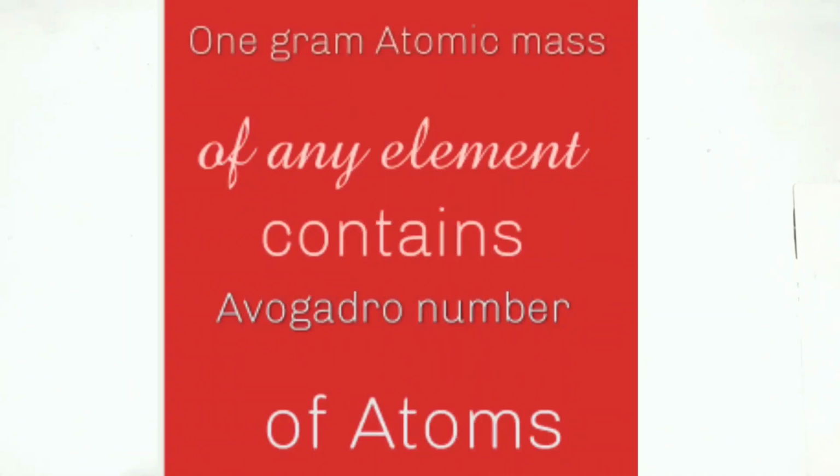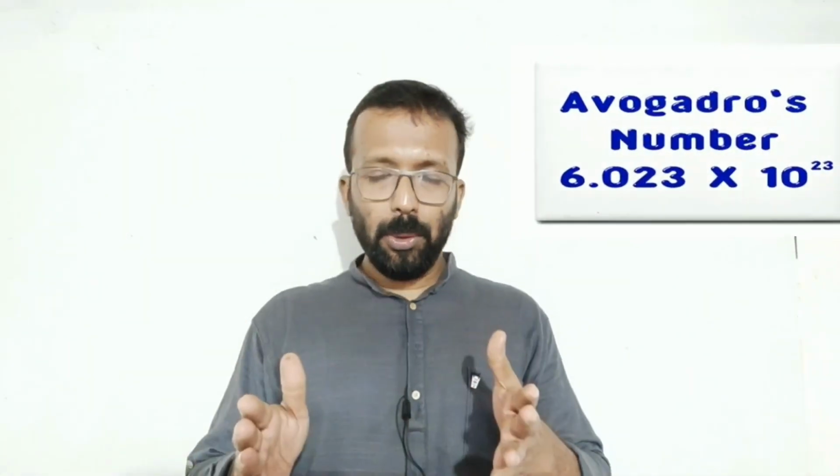1 GAM of any element contains Avogadro number of atoms. For example, 16 gram of oxygen represents 1 gram atomic mass of oxygen. That's 16 gram of oxygen is 1 GAM of oxygen. This 1 GAM of oxygen contains 6.022 into 10 raised to 23 atoms. 12 gram carbon is 1 GAM of carbon.